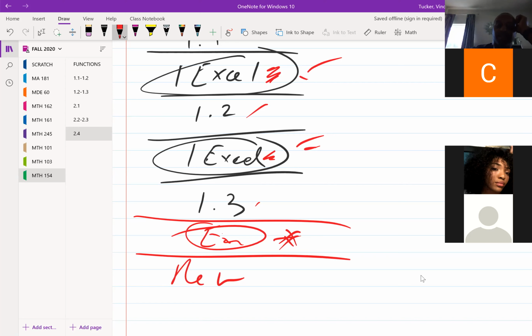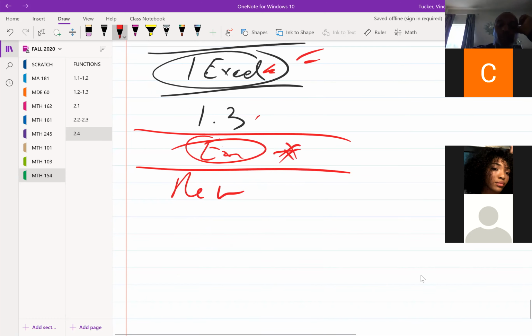I've scaled it back, so you only have to do at least one in between each one of the sections as you progress forward. So questions, concerns, comments, anybody, or are we all good? Everybody good, everybody straight?